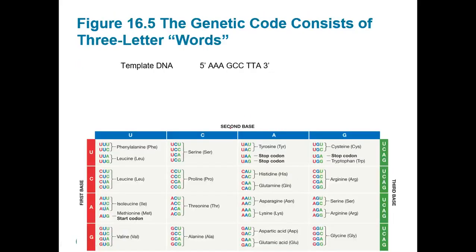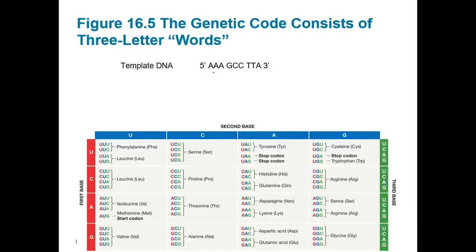Okay, so here is that lovely chart I was telling you about earlier, and we're going to walk through how we would do a transcription and translation problem. So you'll notice I have given you a template DNA strand. I've indicated direction because that will be important.